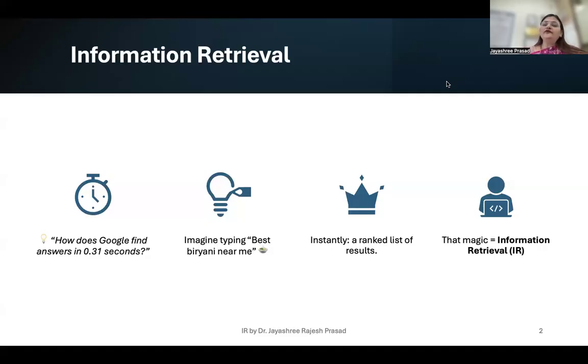Google doesn't create information. It finds the right piece for you. While databases deal with structured rows and columns, IR shines in the messy, unstructured world of text, web pages, or even documents.